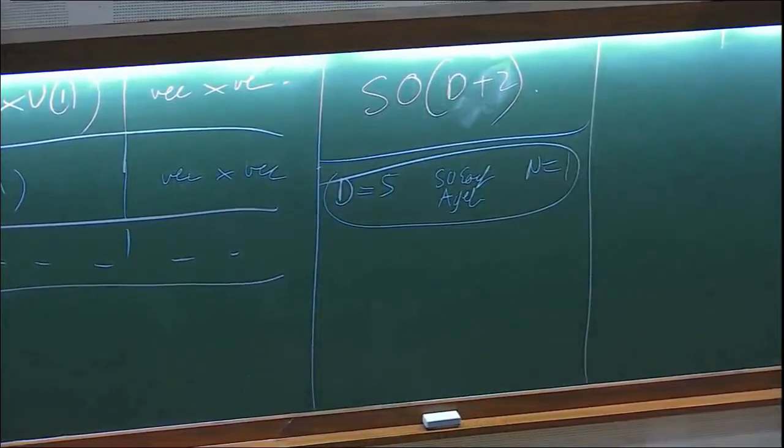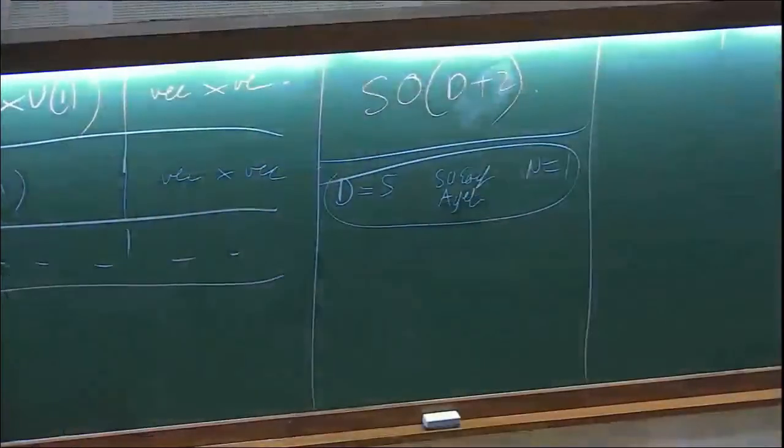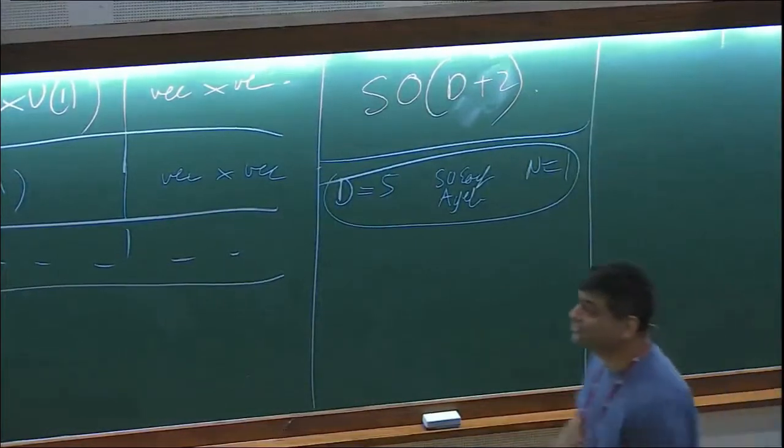And therefore, you might think you proved a theorem: the only superconformal algebras in the world exist at D=5 and have n=1, because there's no other SO here. That would be quite a theorem. It's not true. Why is it not true?